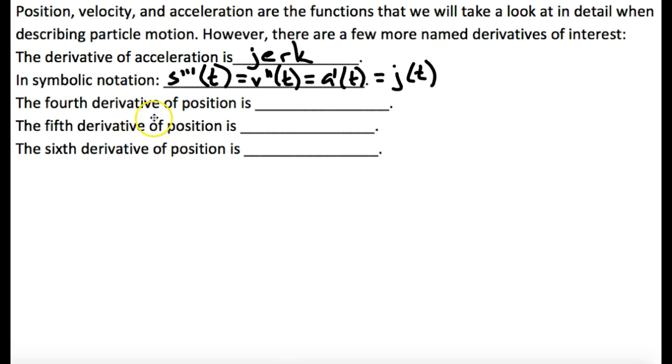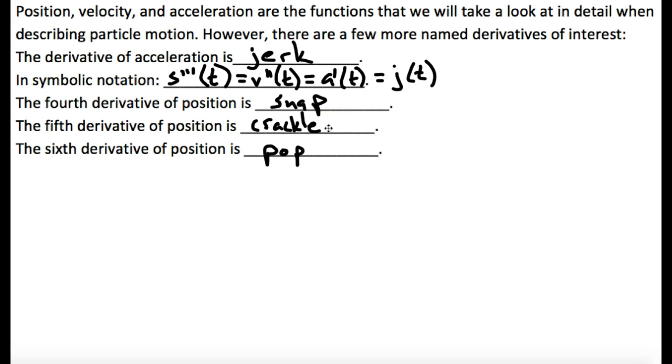Now the next three, okay, so the fourth derivative of position, which would be the first derivative of jerk, is actually called snap. The fifth derivative of position is crackle. And the sixth derivative of position is pop. I'm not making this up. This is true.